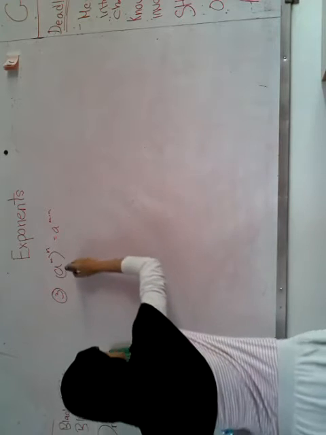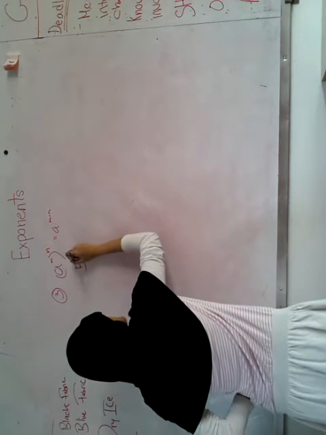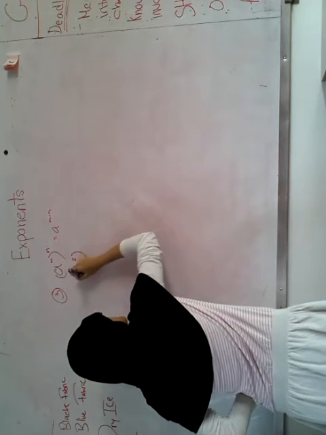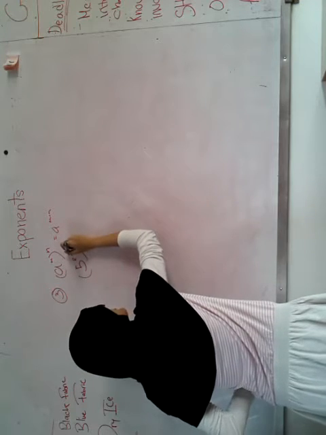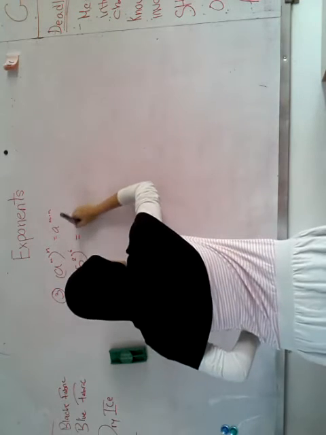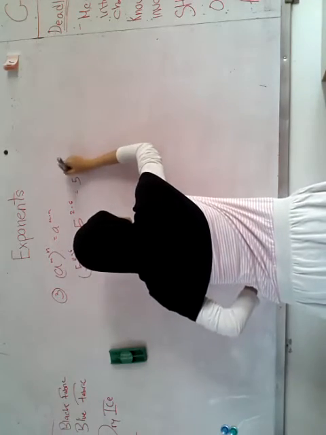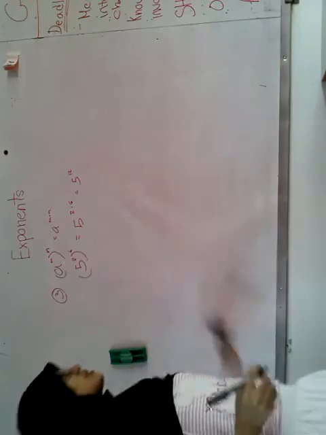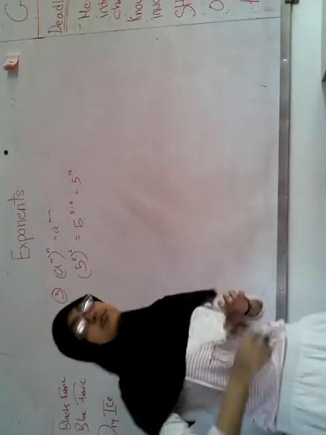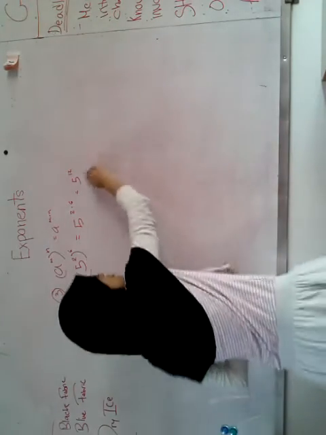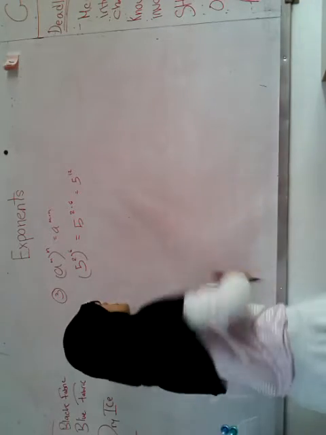For example, 5 squared to the power of 6 is 5 to the power of 12. Since it's a number, you evaluate it by yourself, using the first thing I taught you, how to evaluate power.